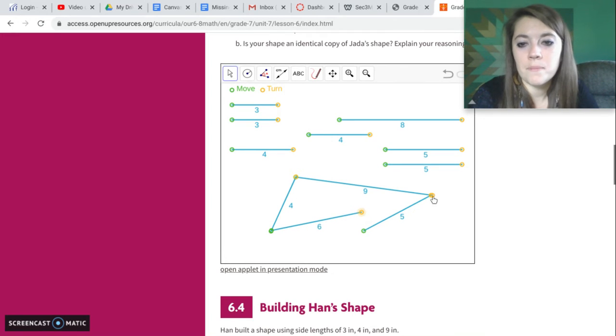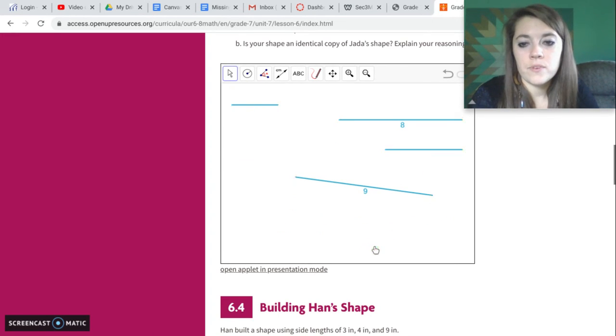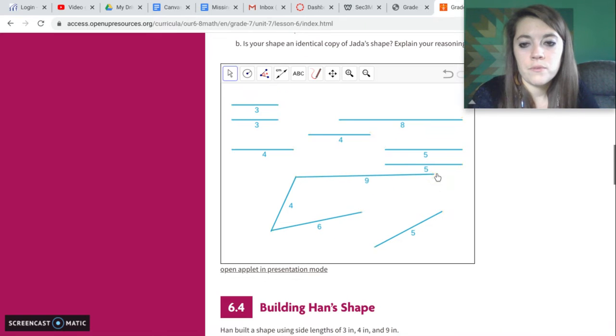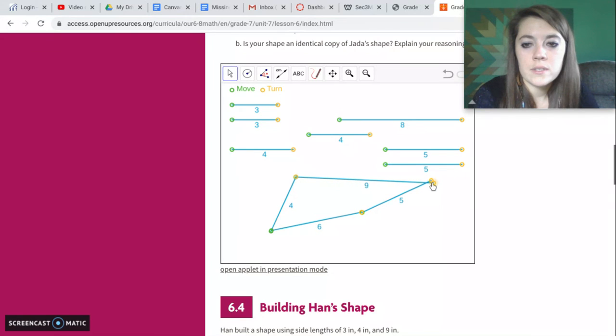So if we brought this up this way, move this down here, move that way more, angle this out, bring this down. Look, there we have another shape.